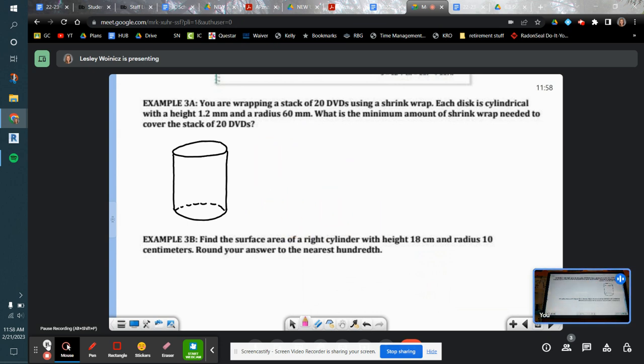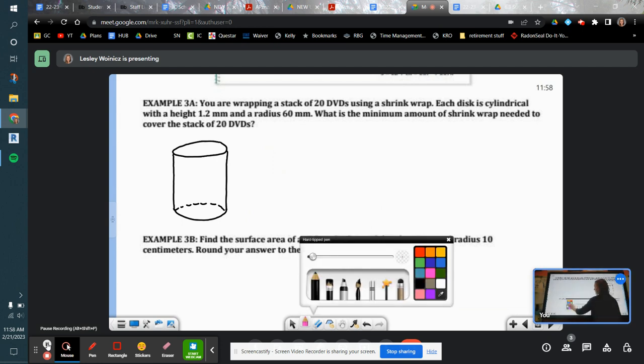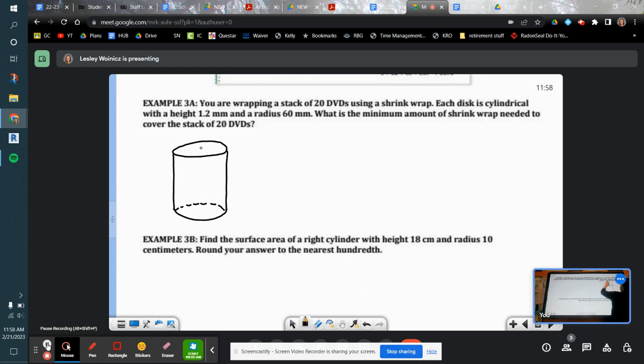Okay, so the radius of the DVDs is 60 millimeters. It would be really great if we knew the height of our cylinder. What is it?